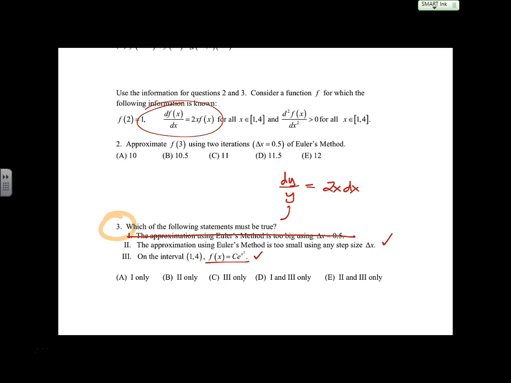And then integrate, you get ln of the absolute value of y equals x squared plus c, and then you would e it. And remember, addition in the exponent is multiplication. So e to the x squared times e to the c. E to the c is a constant, so we can just say c.